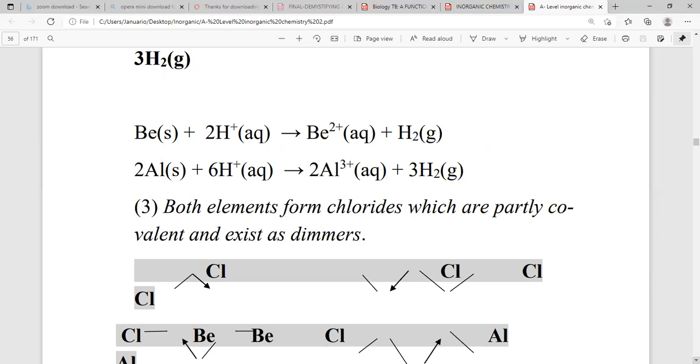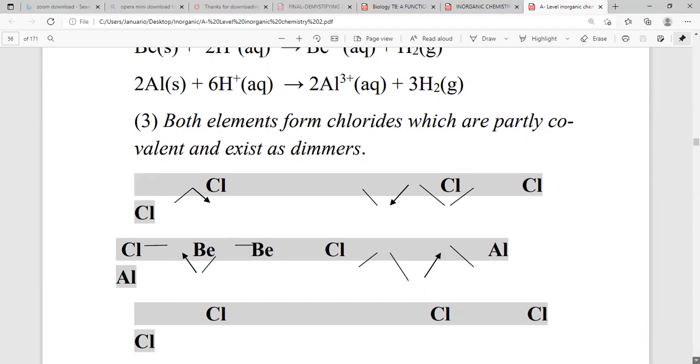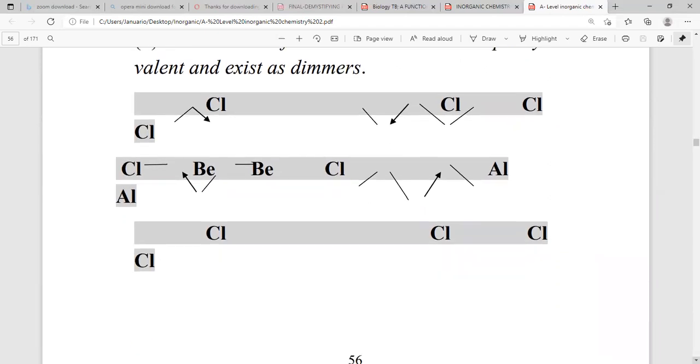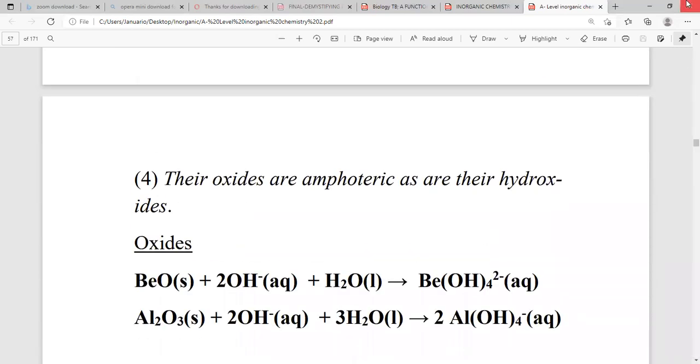The salts that are formed by these are soluble. Both elements form chlorides which are partly covalent and exist as dimers, or it doubles. That is a dimer.